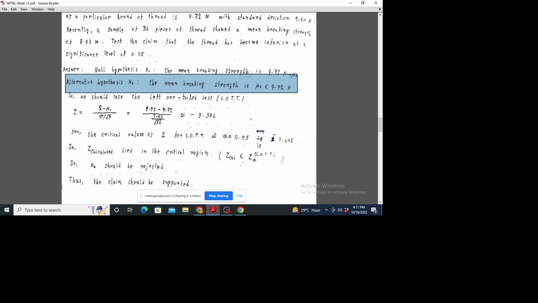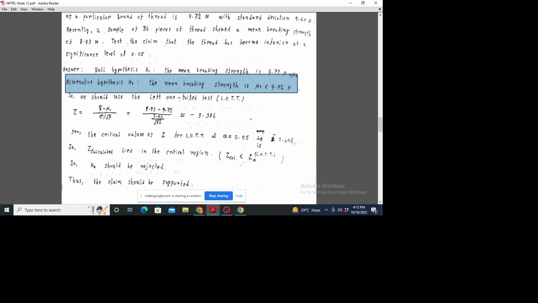If you took the alternative hypothesis as mu1 greater than 9.72, then after doing this calculation, that would have involved a right one-tailed test, and for the right one-tailed test, the critical value of Z would be plus 1.645.